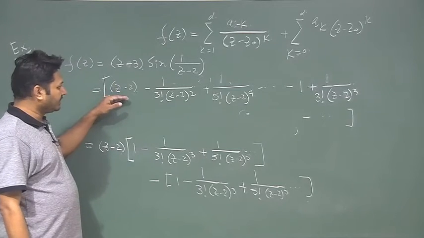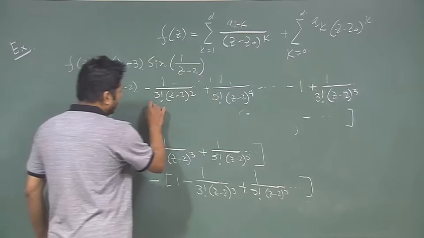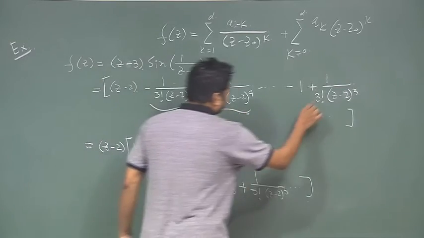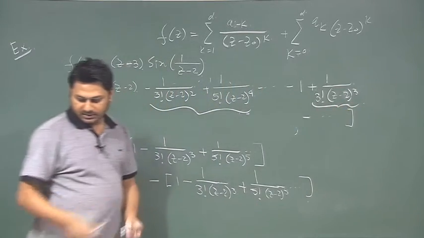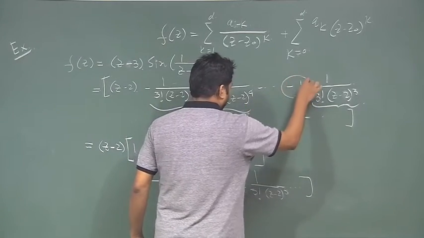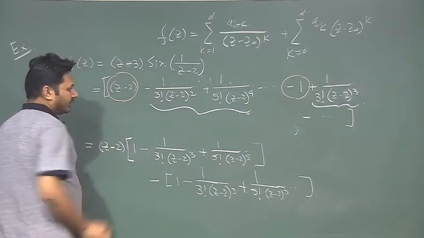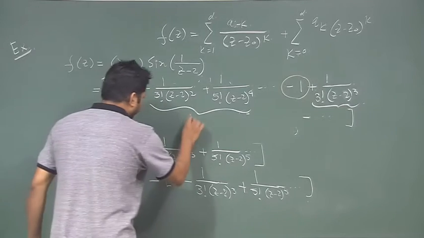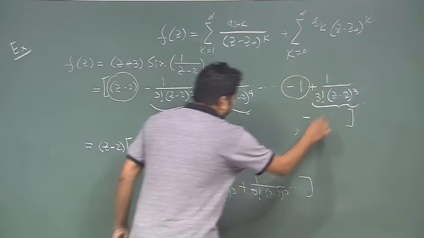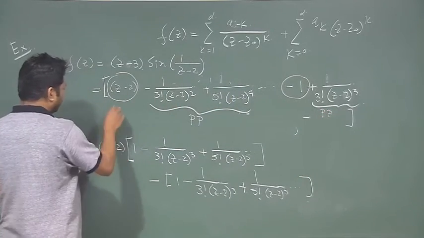So, in the total expansion you find that this entire portion, except these two points, minus 1 here and z minus 2, is the principal part. So, this is your principal part, this is your analytic part.